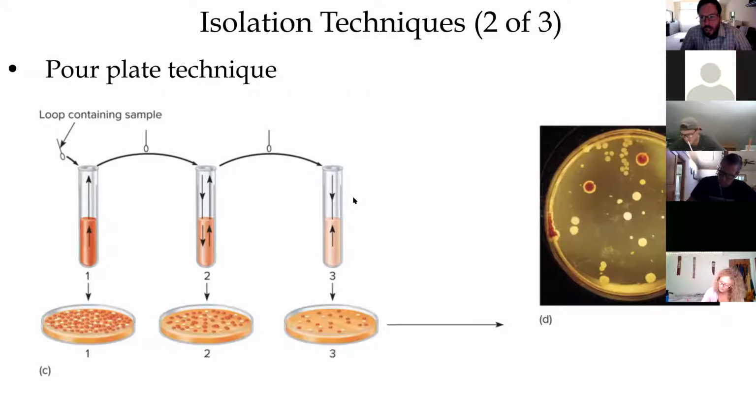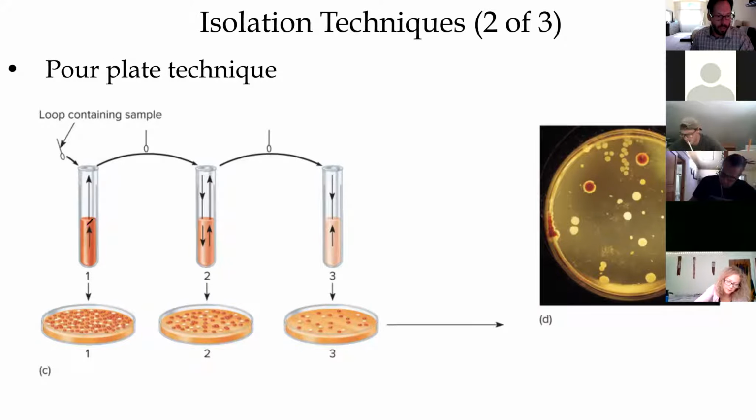Another technique for isolation is the pour plate technique, where you have a sample of inoculum and you take a little bit of it and you put it on the plate. And then you want to do serial dilutions where you dilute this inoculum from here.